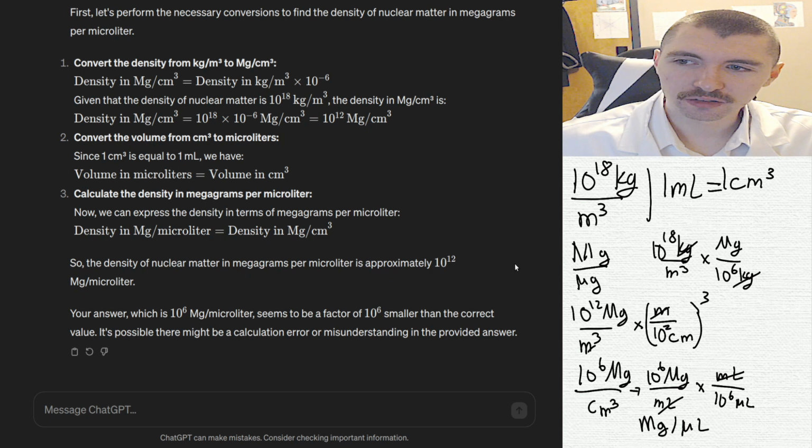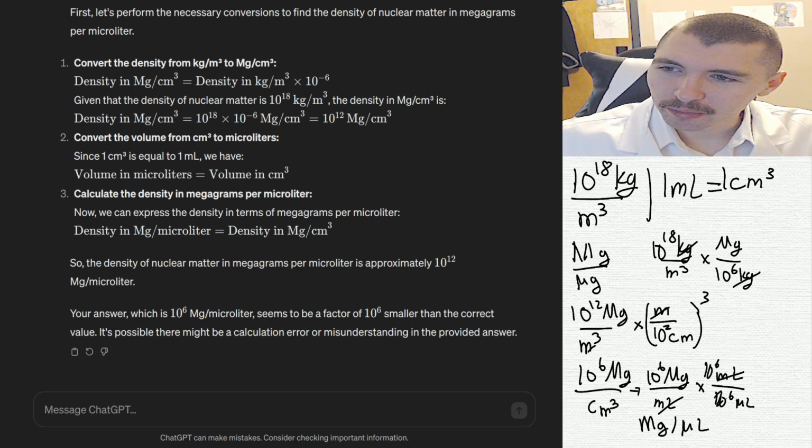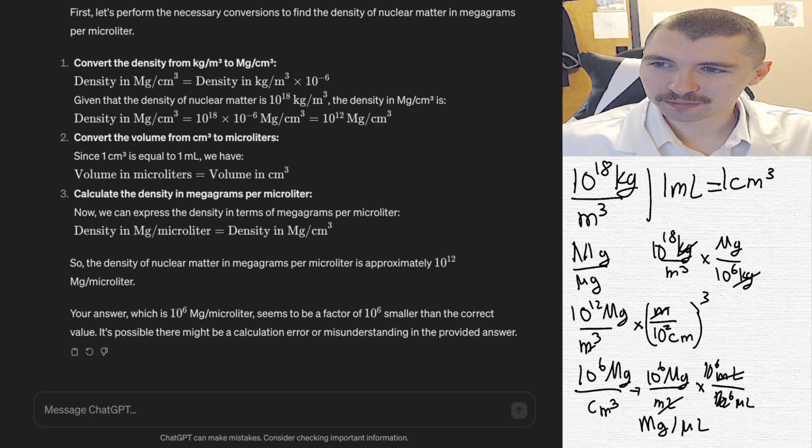And we're not getting 10 to the 12. The solution has to be, this needs to be up here, but not there. That's what I would guess. So what would this be saying? There's 10 to the 6 milliliters in a microliter.